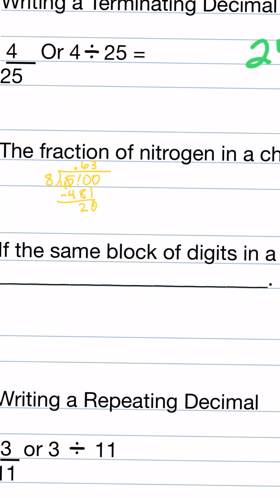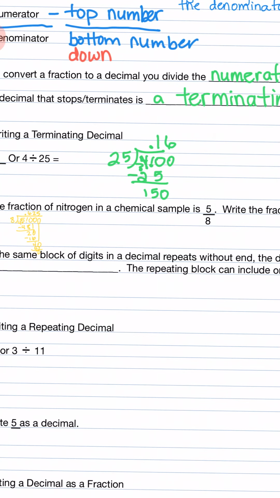Oh, just kidding. Let's try 2 times. 2 times 8 is 16. Subtract that. 4. Bring down another 0. 8 goes into 40 5 times. 5 times 8 is 40. Equals 0. It is a terminating decimal. So 5/8 is equal to the decimal 0.625.